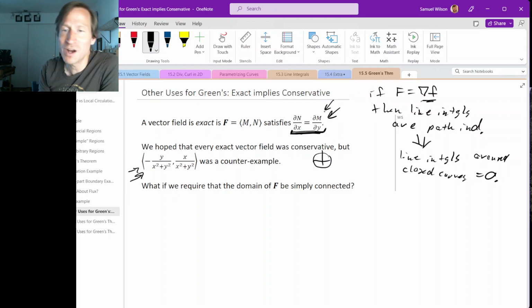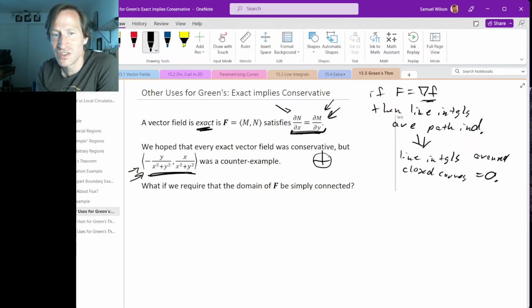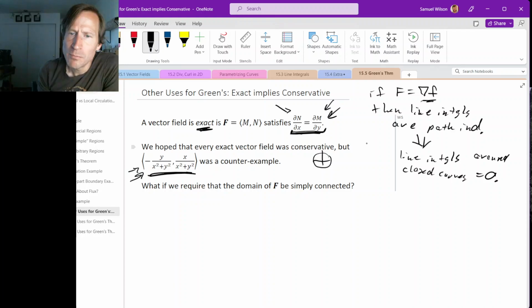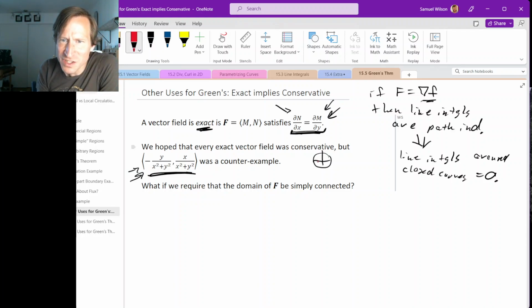Right, so what gives? Oh, by the way, vector fields that satisfy this equation are sometimes called exact. So this vector field is exact, but it's not conservative. Well, the problem with this vector field is that there's a hole in the domain right at the origin, and the loop that we're integrating around to get a non-zero value goes around that hole.